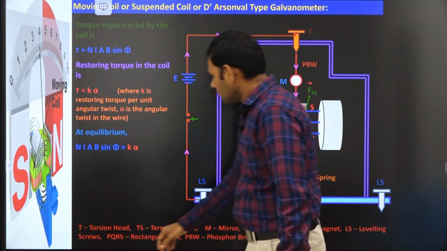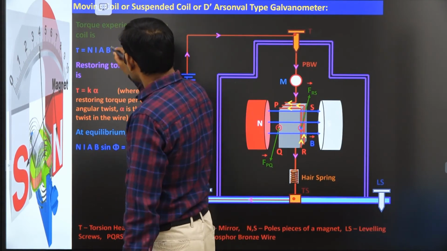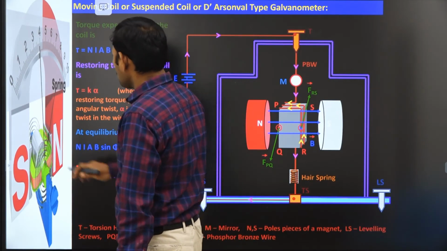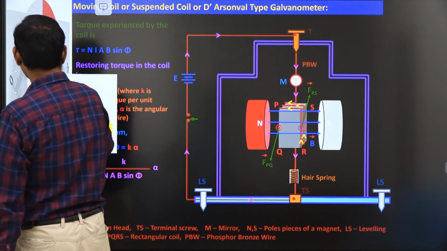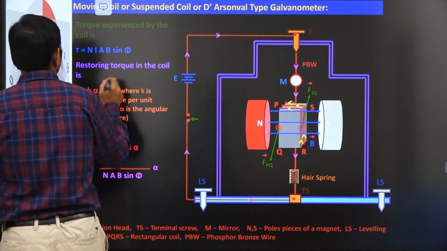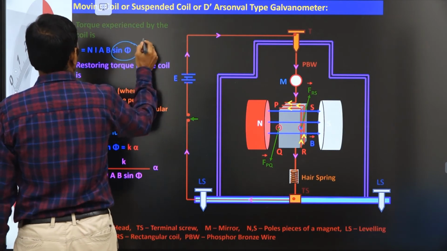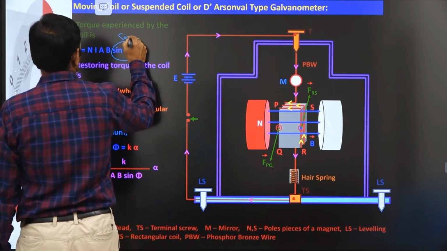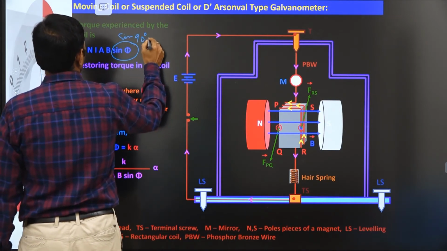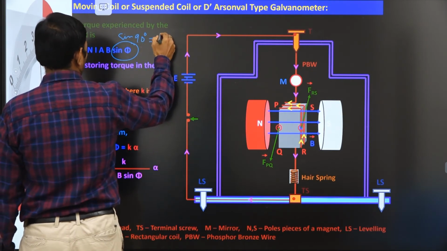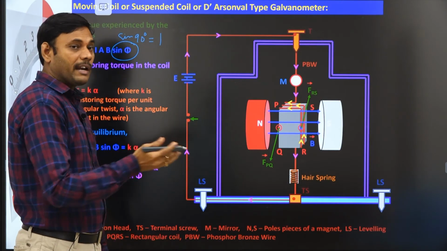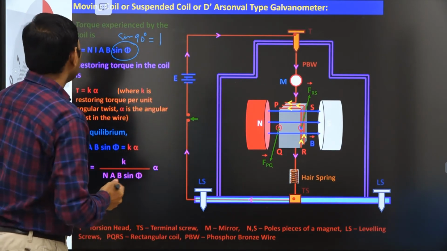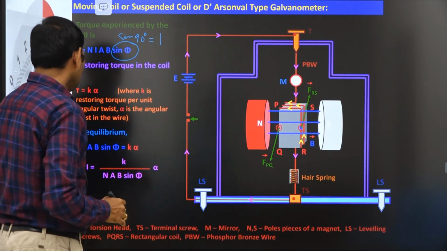We assume sin phi is 1 because of the special feature that we provided here. Here we make this sin phi sin 90 always by using a magnet in a special shape. We keep the magnetic field parallel to the face of the coil for any position of rotation of the coil, such that sin 90 is 1.